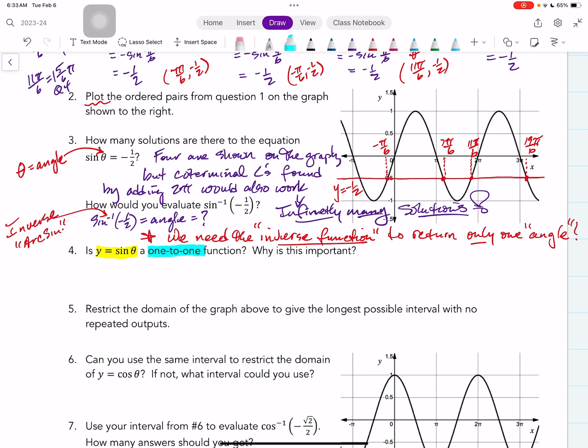Well, 1 to 1 means that the function has its inverse. Okay, in order to be 1 to 1, the function must be a function and pass the horizontal line test.